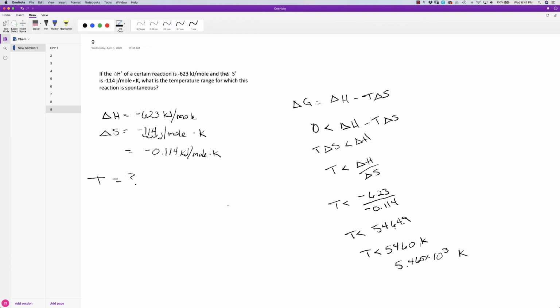So for this to be spontaneous, the temperature has to be less than 5,460 Kelvin. There's your answer.